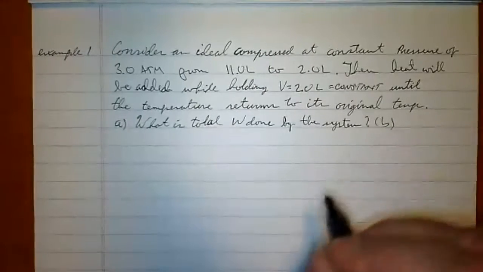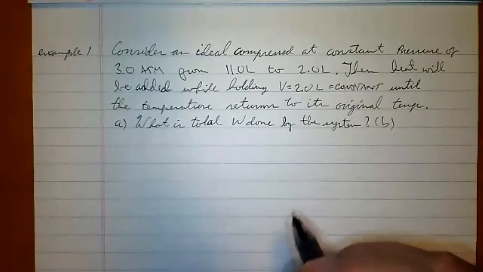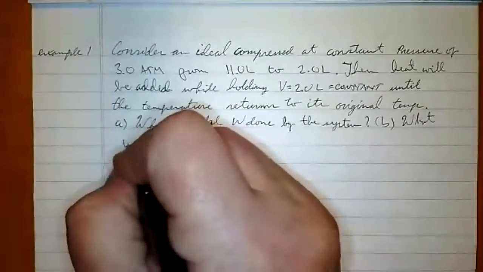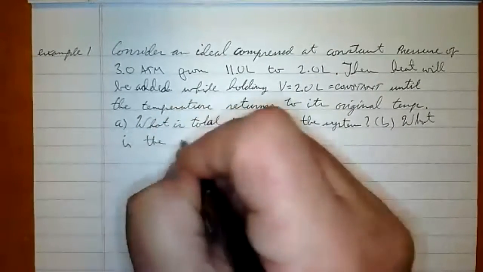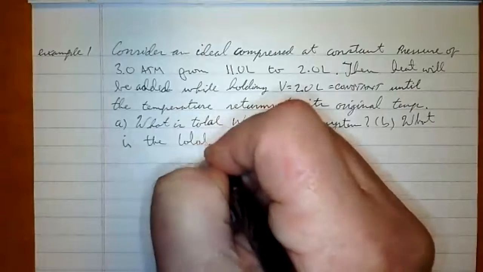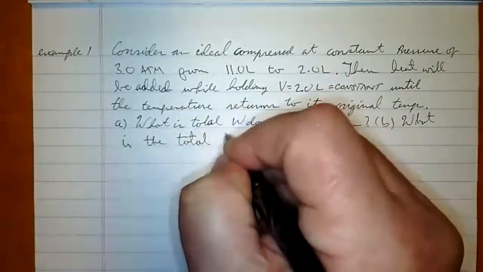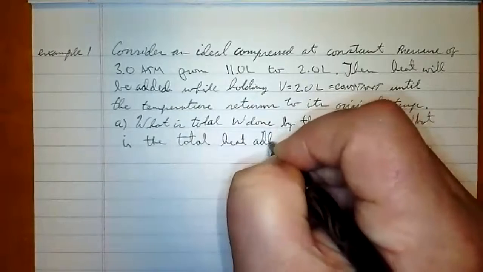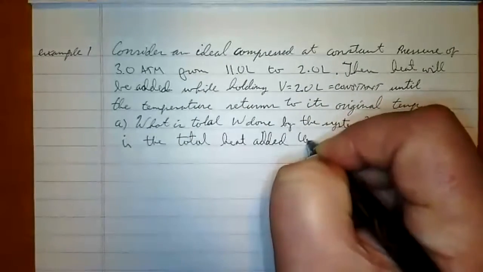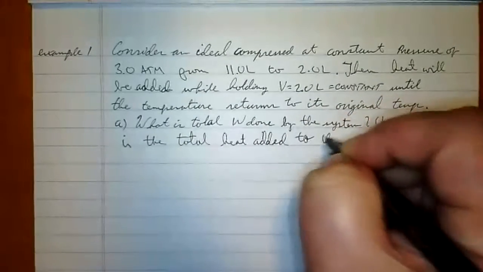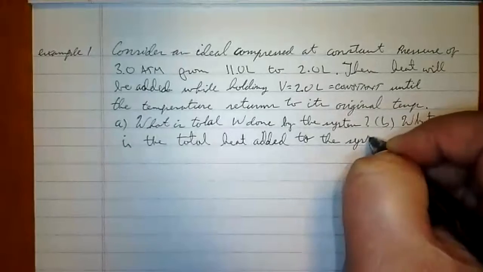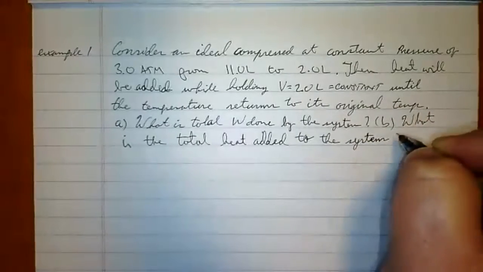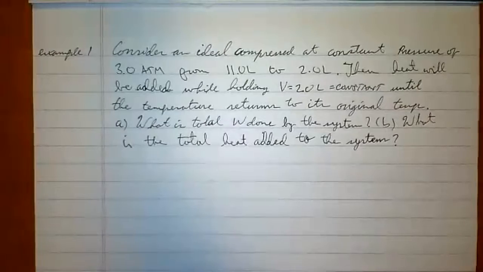And B, what is the total heat added to the system? I should have typed this before, but I didn't. I had a meeting go right up to 2 minutes before class started. So, all right, that's the big problem.